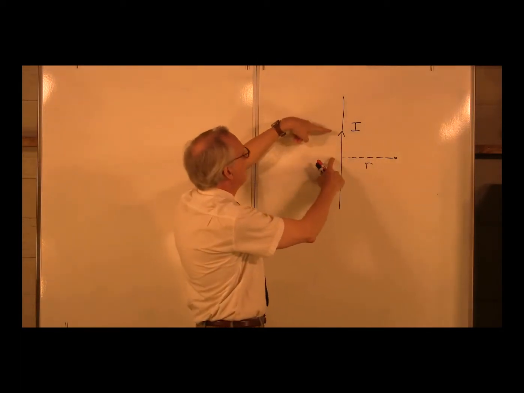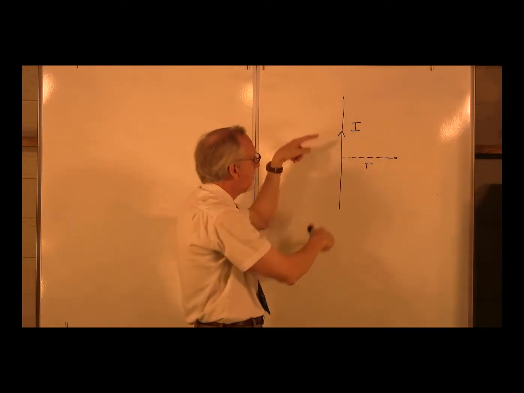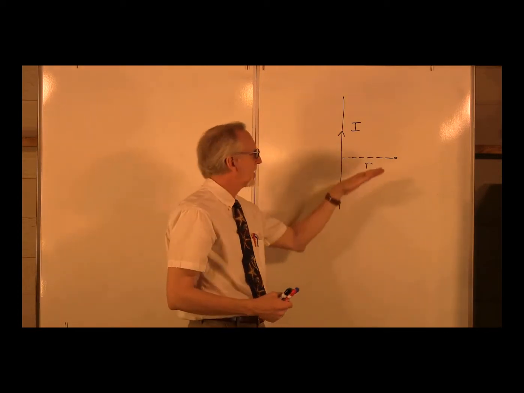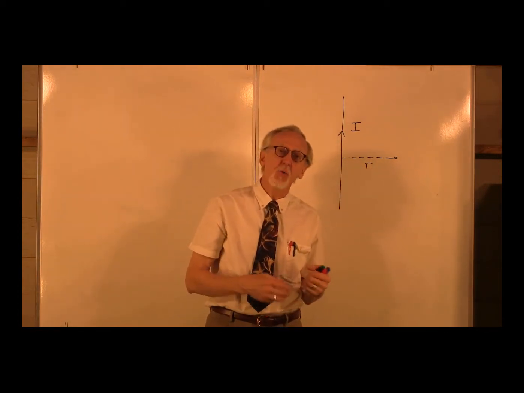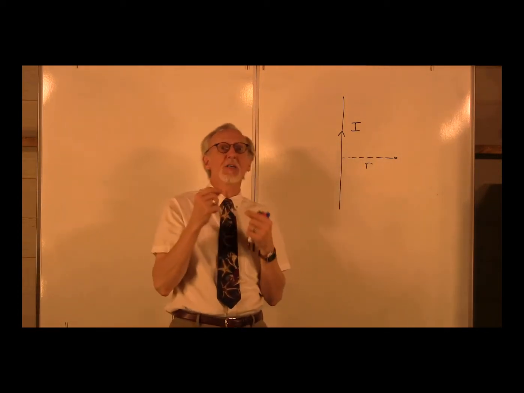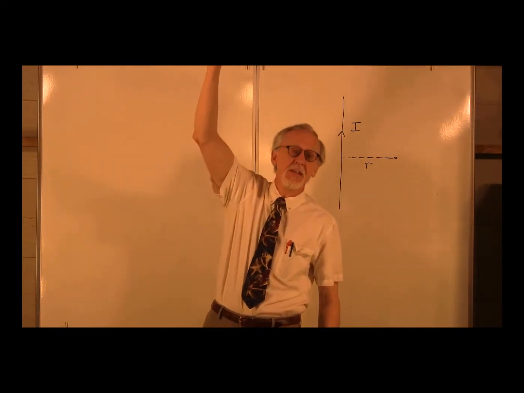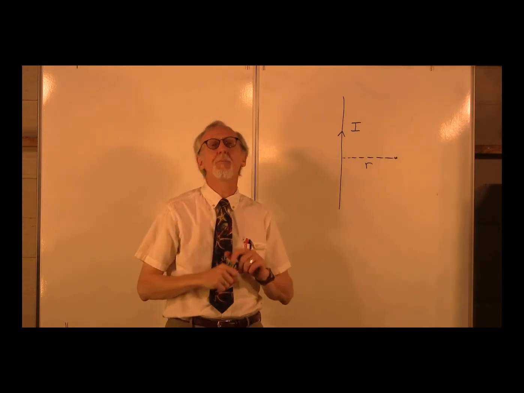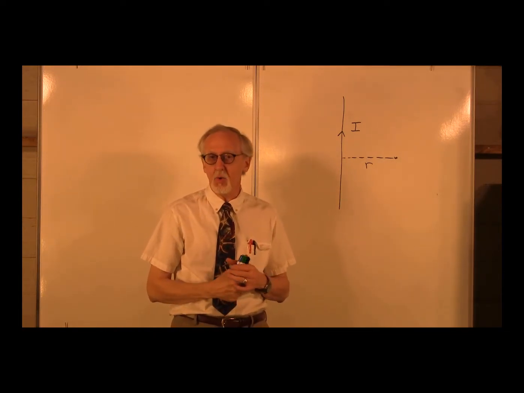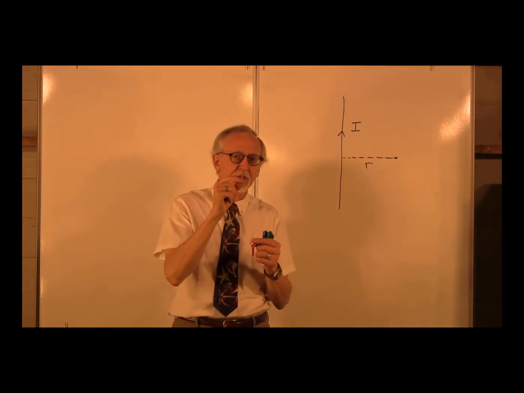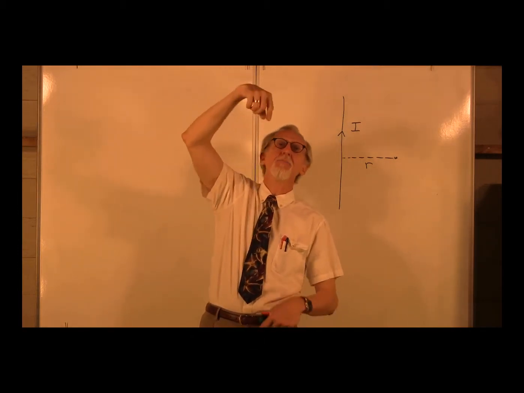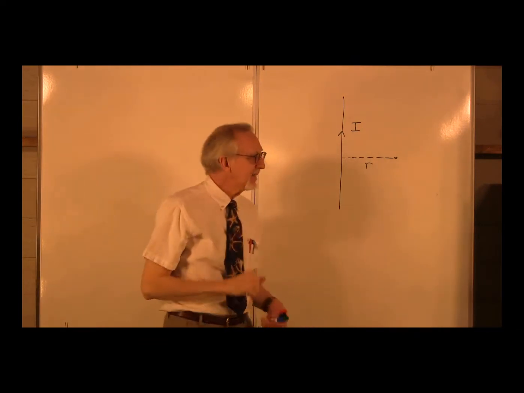In other words, this distance that the wire continues straight up and this distance that the wire continues straight down is large compared to r. In other words, the wire looks like it's essentially infinitely long. Obviously, wires are not infinitely long, but we are approximating it by an infinite wire. So we need to be close enough to it that the top and the bottom look like they're going off into infinity.